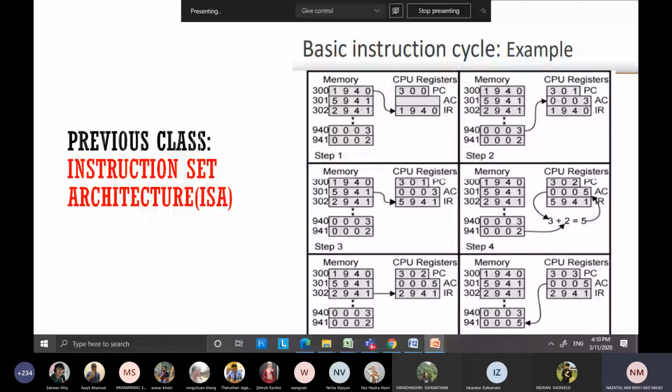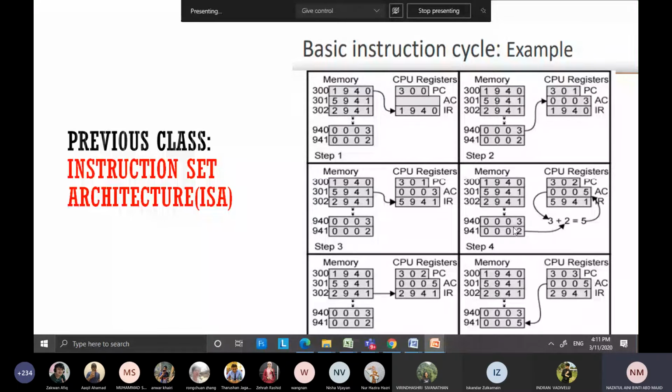The instructions that we use from the ISA are load, store, and add, in order to tell the computer to add 2 numbers, 3 and 2.